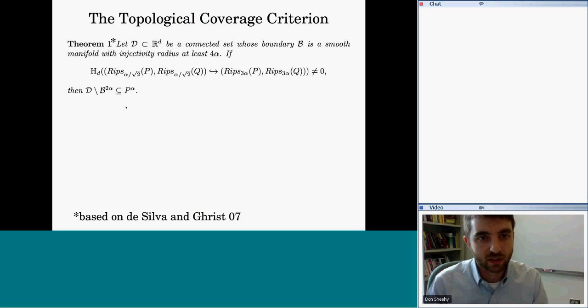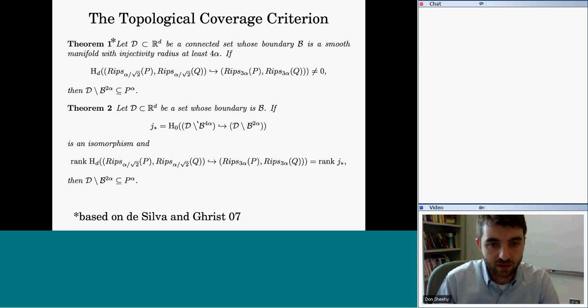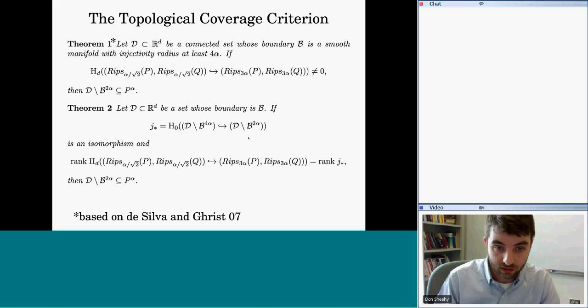This is what we prove in our paper, which is very similar, but you'll notice that we can get rid of some of the geometric assumptions. If D is just any set with boundary B, you look at the zero-dimensional homology of the domain shrunken by 4 alpha, included into the domain shrunken by only 2 alpha.